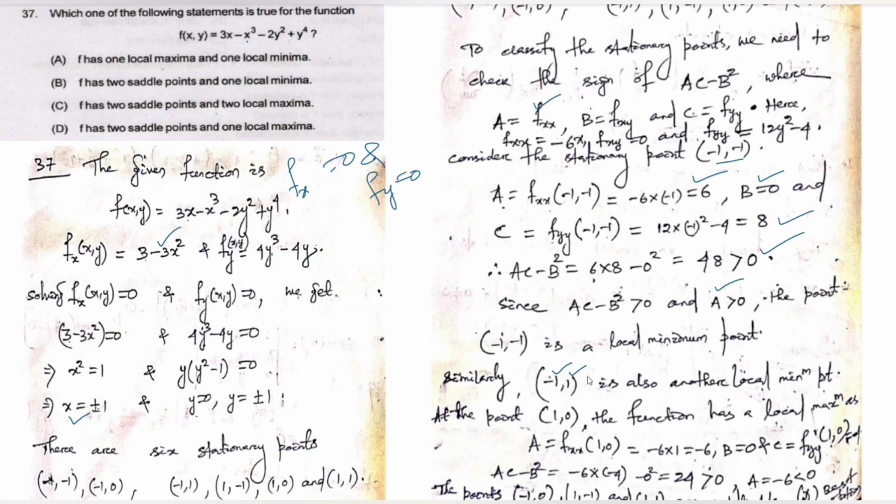Similarly, you can check the function has a local maximum at the point (1, 0), and the other 3 points (-1, 0), (1, -1) and (1, 1) are saddle points because the value of AC - B^2 is less than 0. So here I think option D is the best possible option.